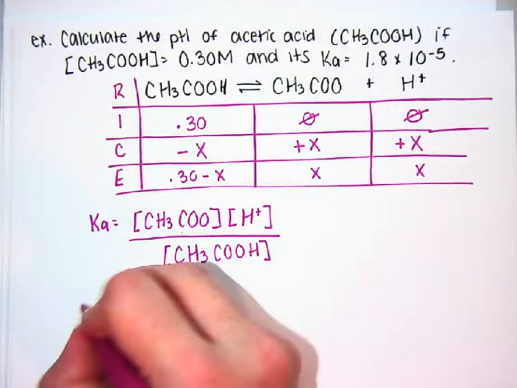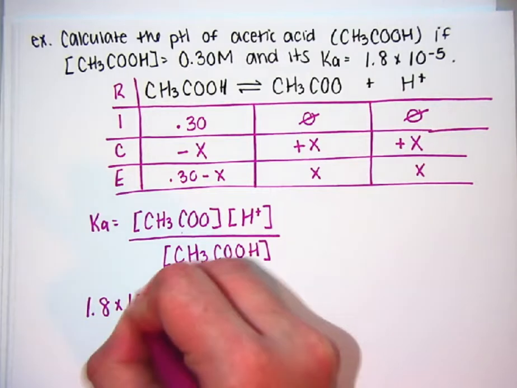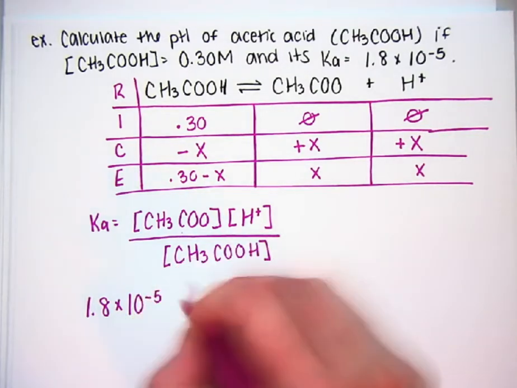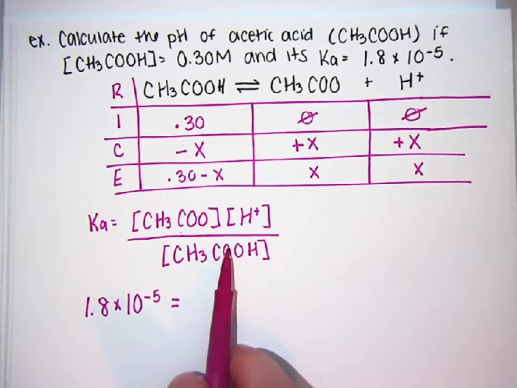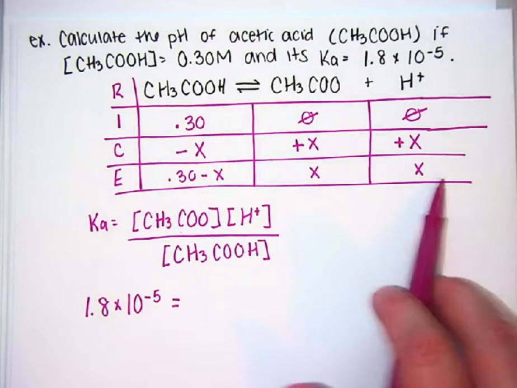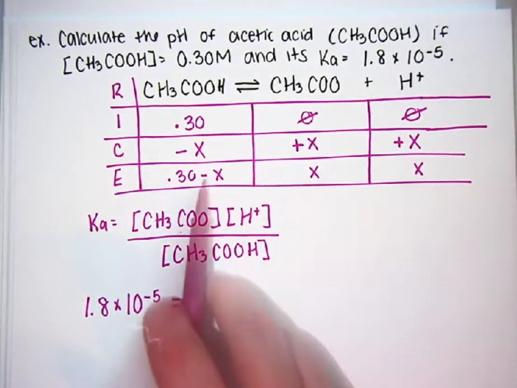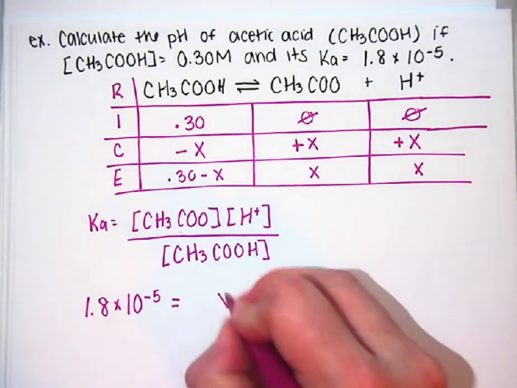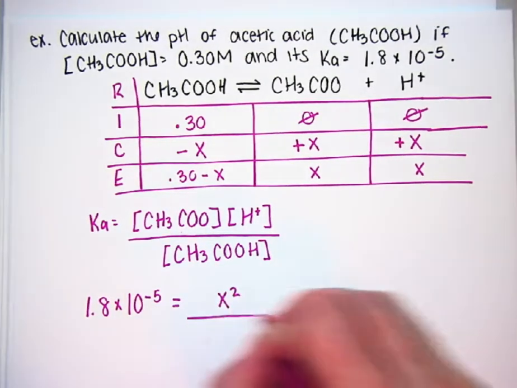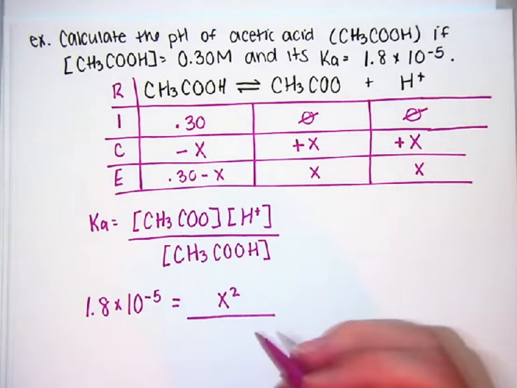Ka is 1.8 times 10 to the negative 5th. Remember, this is an equilibrium expression, so we're only looking here. So I'm going to have x times x, we can call that x squared, all over 0.30 minus x.